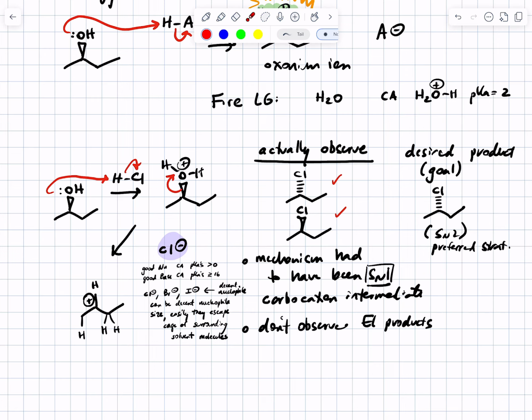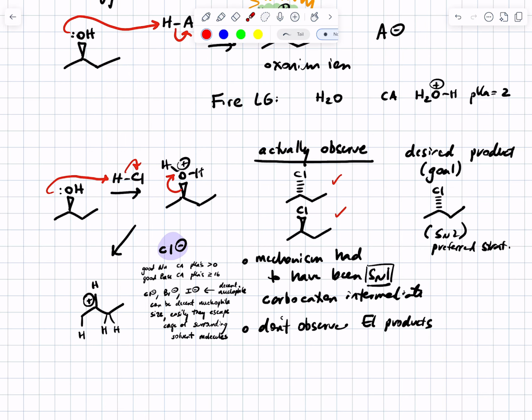Yes? How come F- isn't on that list? In part, we won't use HF as an acid to protonate an alcohol because its pKa is too high. HF is actually not a strong acid. Okay.